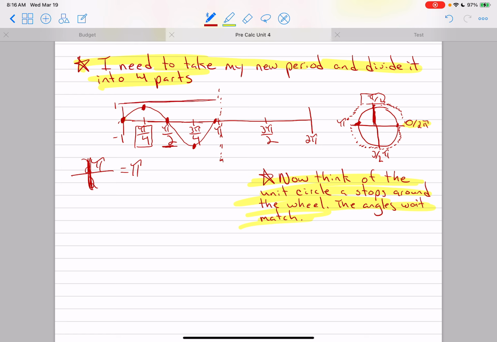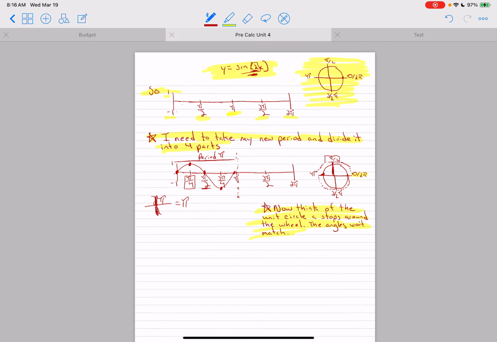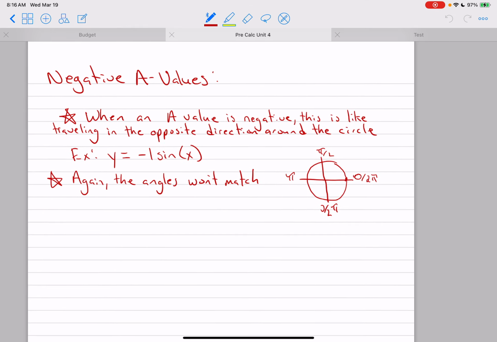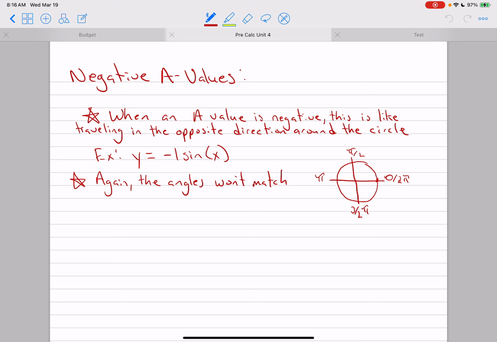So this is the period of pi. And we're going to do a lot of work with this, but I just wanted you to get the idea first.